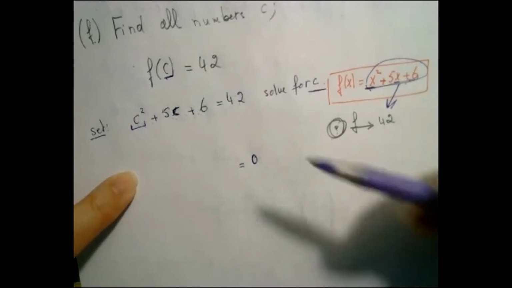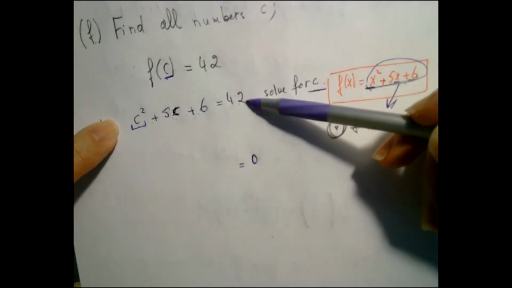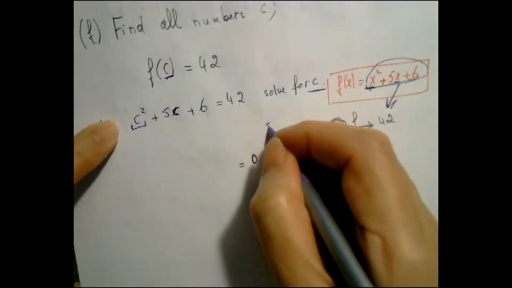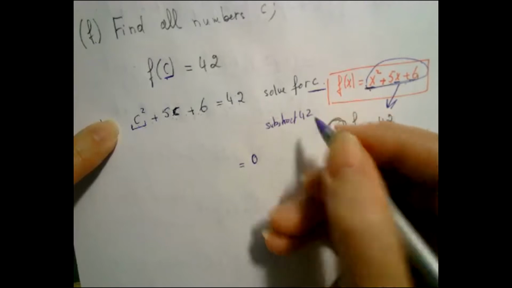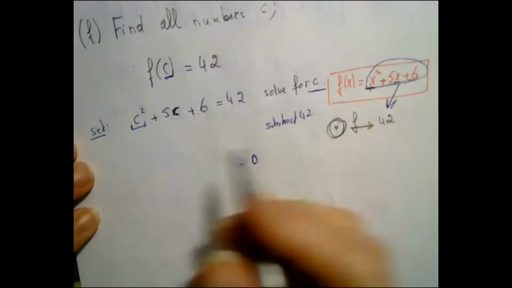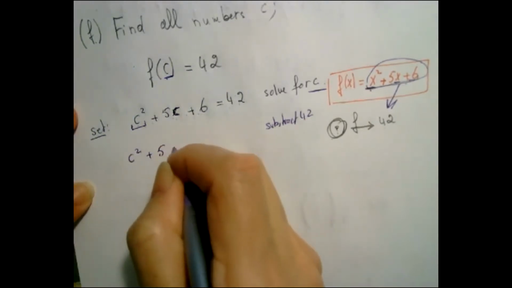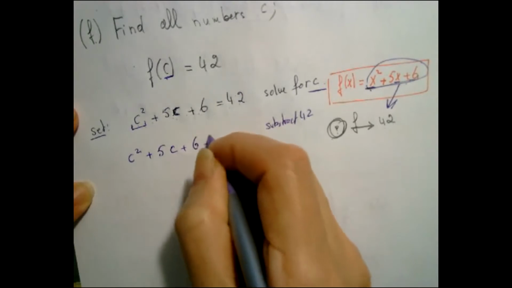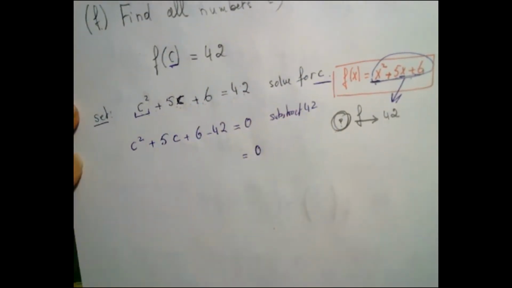To be able to create only a 0 on one side, what shall I do? I should subtract 42 from both sides. The goal is to have only 0 on one side. So if I subtract 42, what will I get? c squared plus 6 minus 42 equal to 0.